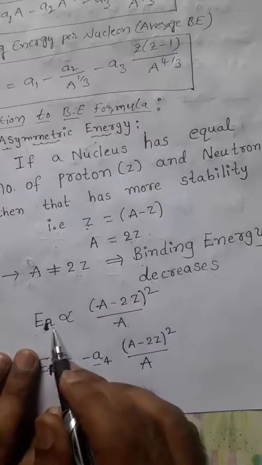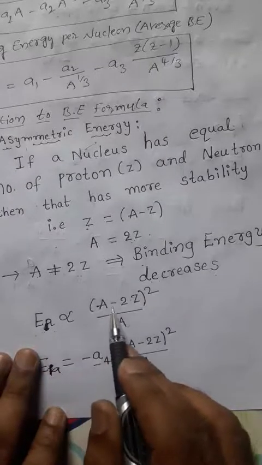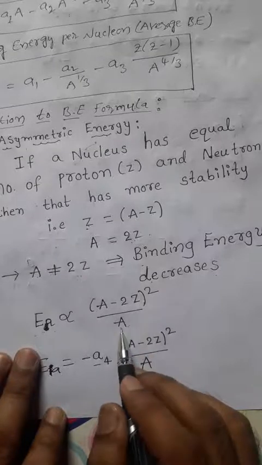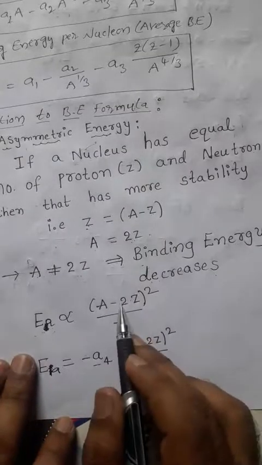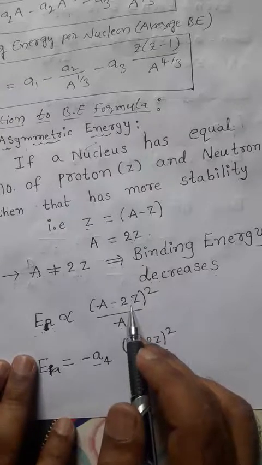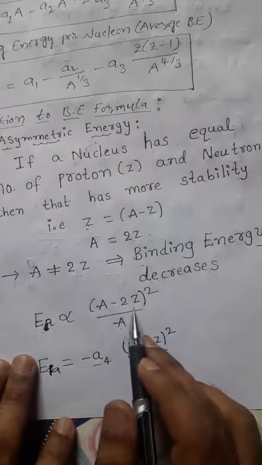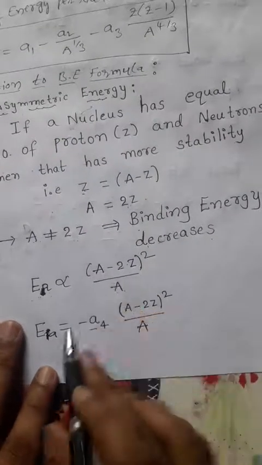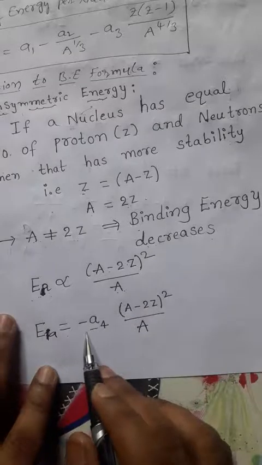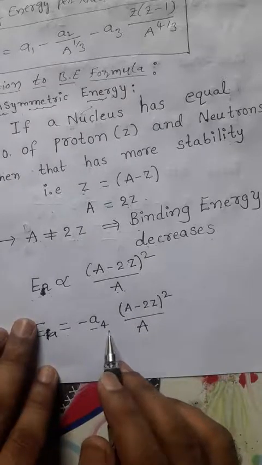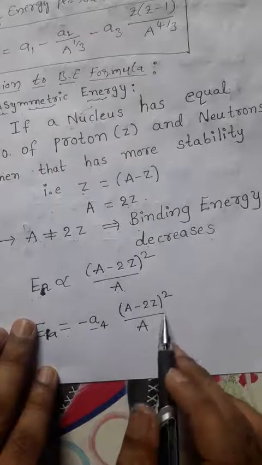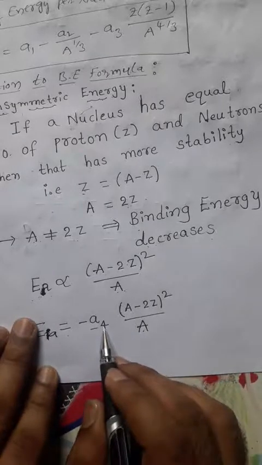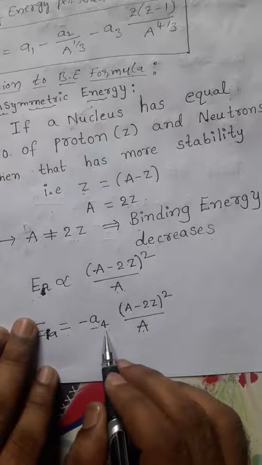EA is proportional to (A minus 2Z) whole square by A. This value is given based on experimental values. From the above expression we can write EA equals minus A4 times (A minus 2Z) whole square by A. Here A4 is a constant.